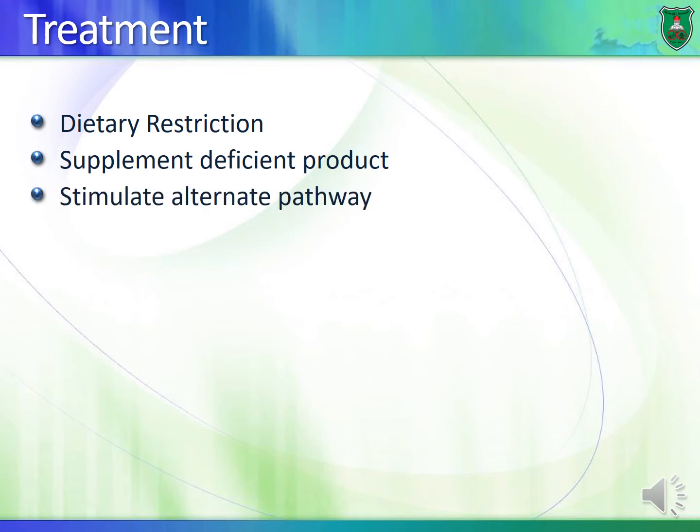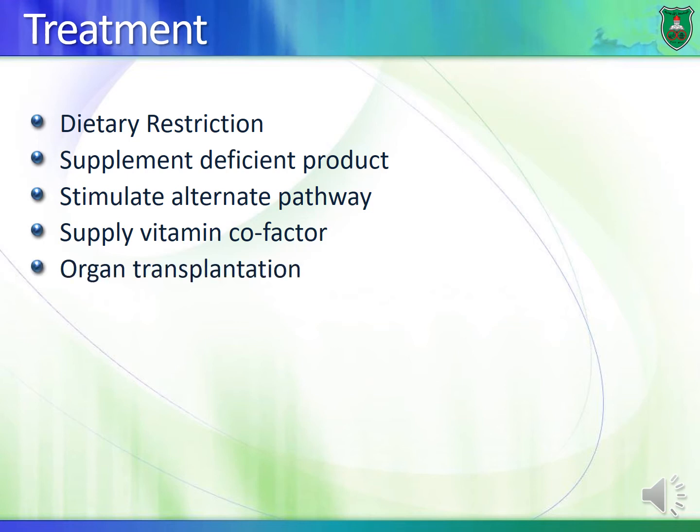There might be stimulation of alternative pathways to produce that product. Patients could be supplied with vitamins and cofactors. Organ transplantation is an option, but it doesn't work for all conditions, and its success rate is quite variable.